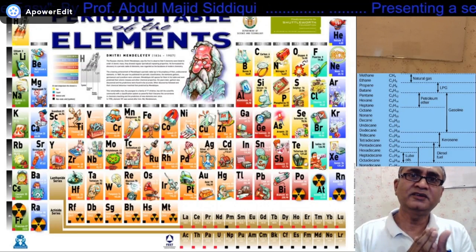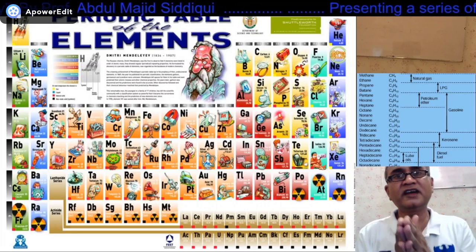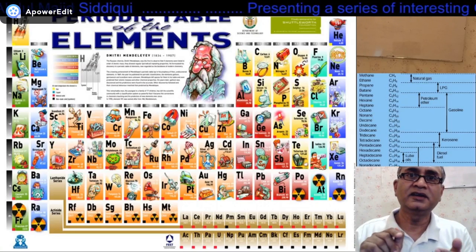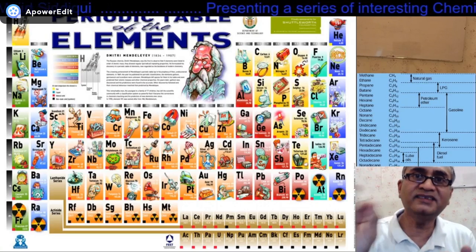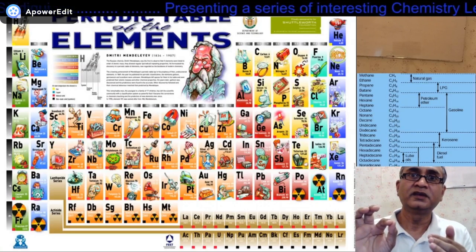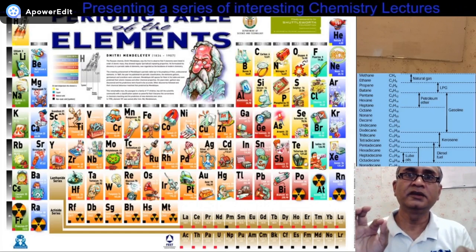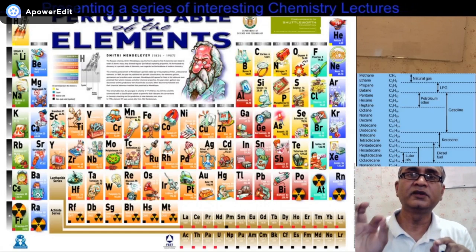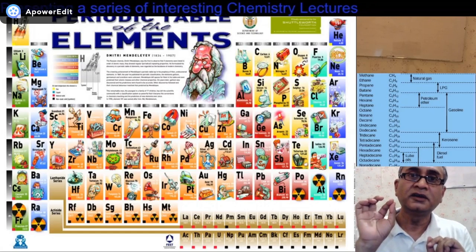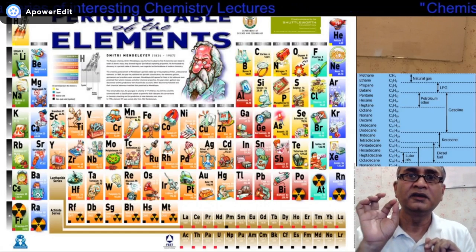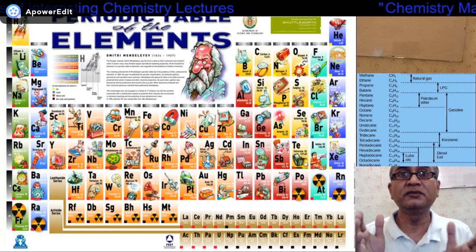Element plus element forms a compound. Now scientists have seen that carbon is the element which forms the biggest number of compounds. The compounds in which carbon is present are not in hundreds or thousands, but in millions.